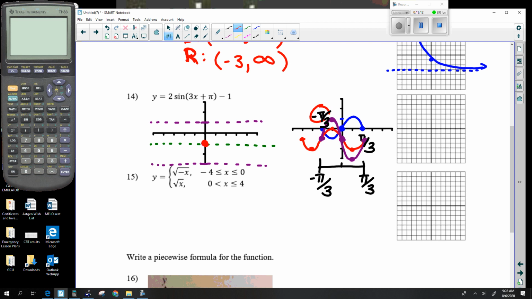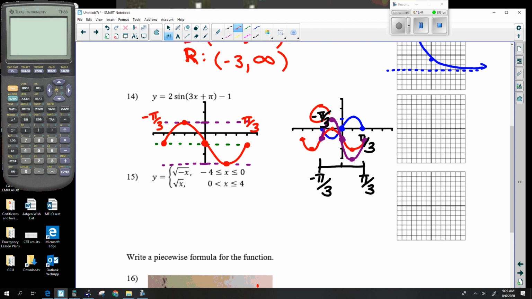I'll take it out to here, and 1, 2, 3, 4 out to there, and then it goes up over here. So it'll be up in the middle, down in the middle. Right there, that's my picture, with this being pi over 3, negative pi over 3.